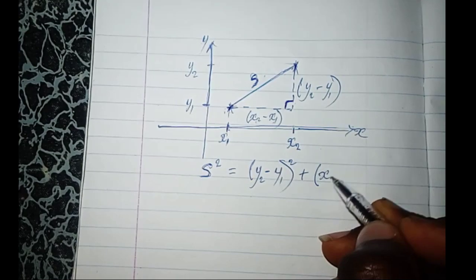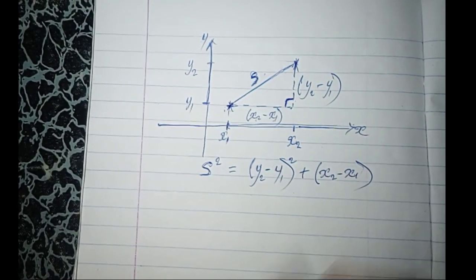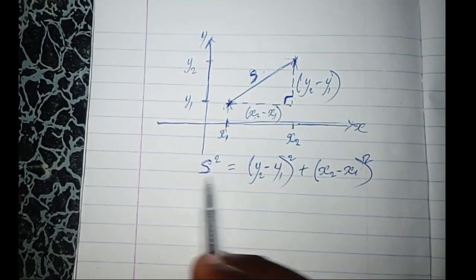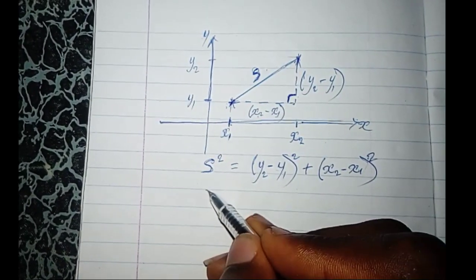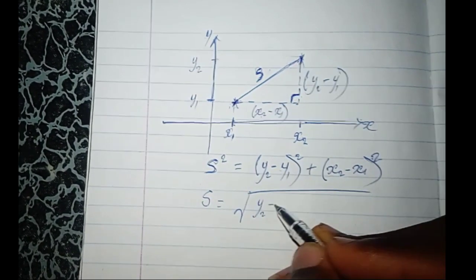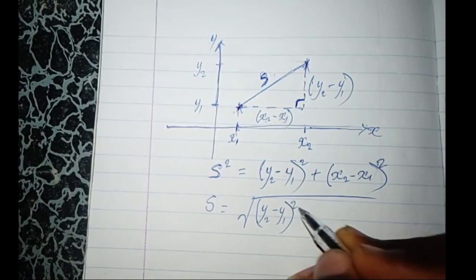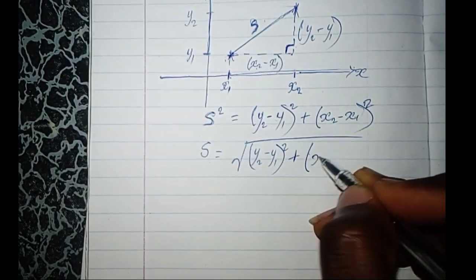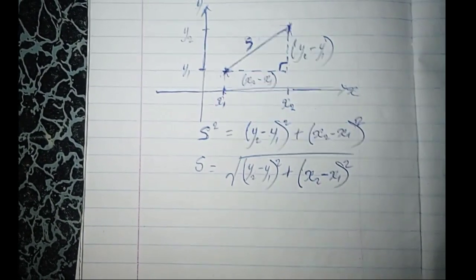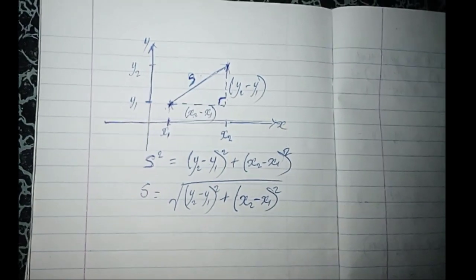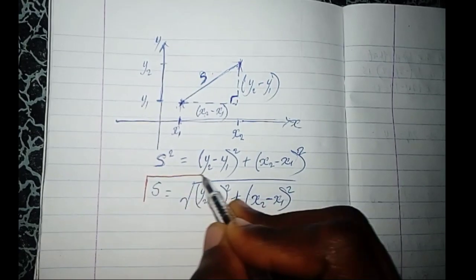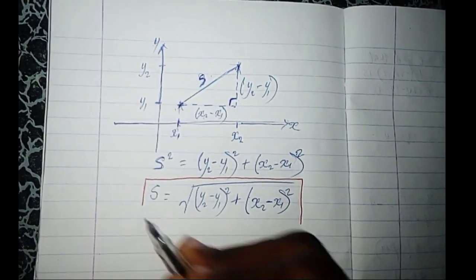From this, we can look for the distance, where the distance is the square root of y2 minus y1 squared plus x2 minus x1 squared. Yes, this is the formula for solving the distance between 2 points on a straight line on a graph.